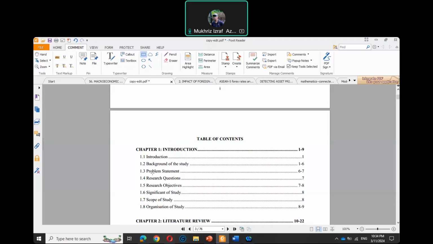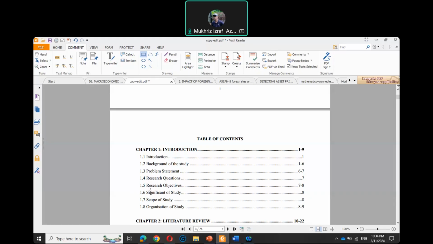And then you continue with your RQ and RO. For RQ and RO, I already mentioned in our last week's class what I expect you to have. Of course, at this stage you may not be able to finalize your research questions, because you have not finalized the 3 independent variables and your main dependent variable.